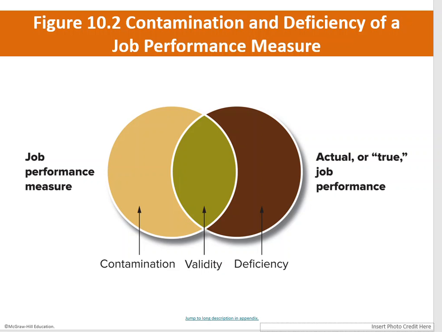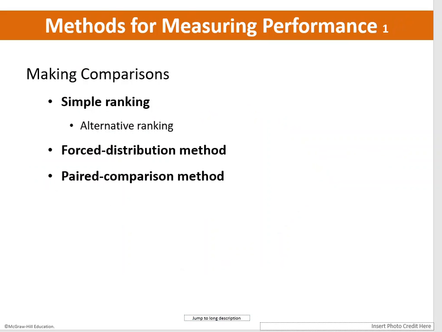So there's just another graphic from the book showing the contamination and deficiency of job performance measures. Only the middle area there, the pea green maybe, area of validity is the area we want to be in. So I want to make comparisons. I can do a simple ranking, I can do a forced distribution method, or I can do a paired comparison method.